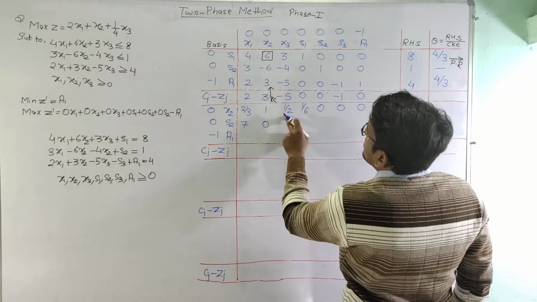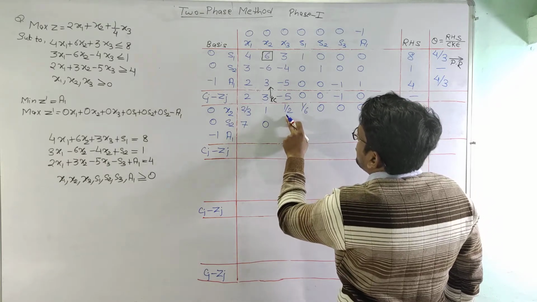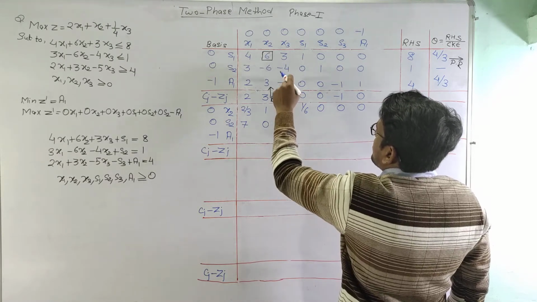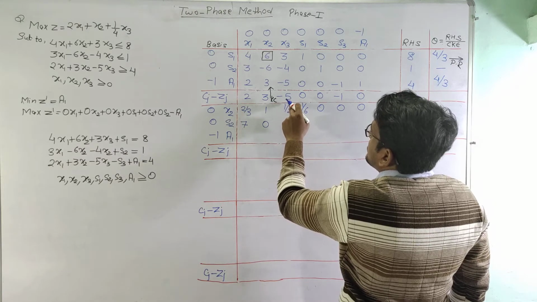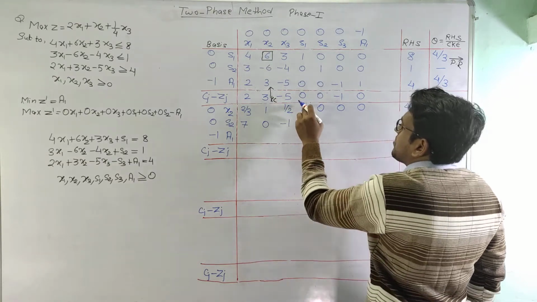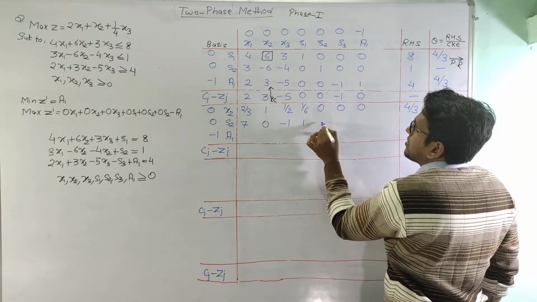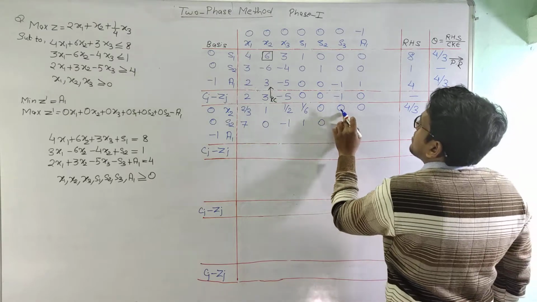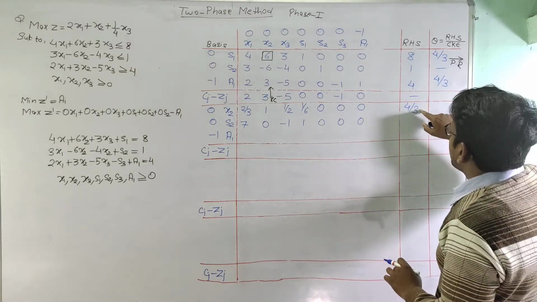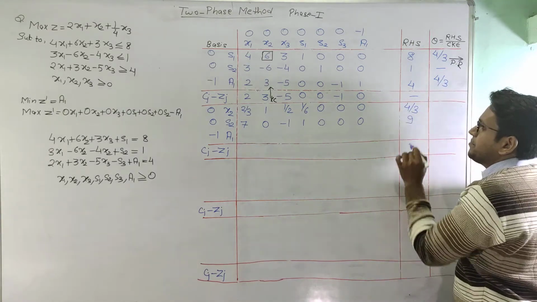Minus 4 plus 6 times this is 3, so plus 3, minus 4 plus 3 is minus 1. 0 minus 6 times is 1, so this will be 1. 1 minus 6 times 1 plus 6 times 0 is 0. 0 plus 6 times 0 is 0, so this will also be 0. 1 plus 6 times this, so 6 times this is 8, plus 1 is 9. So this will be 9.